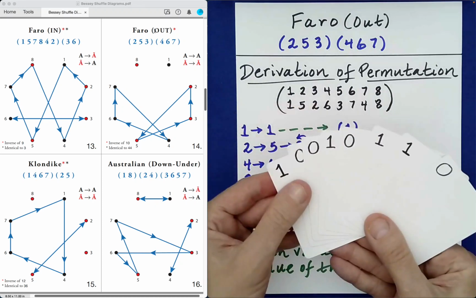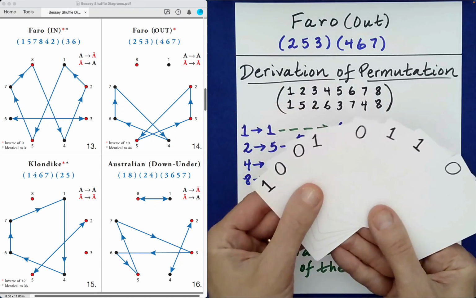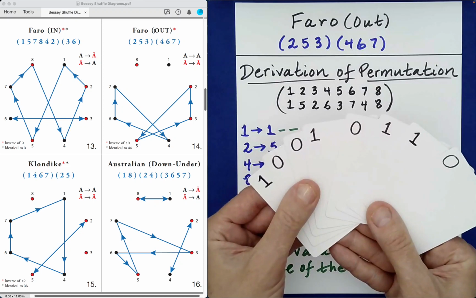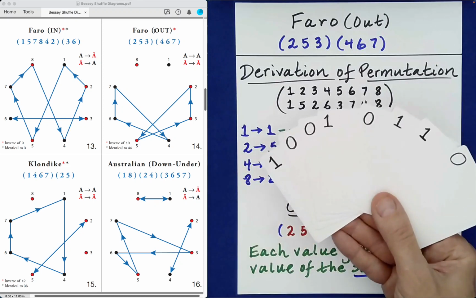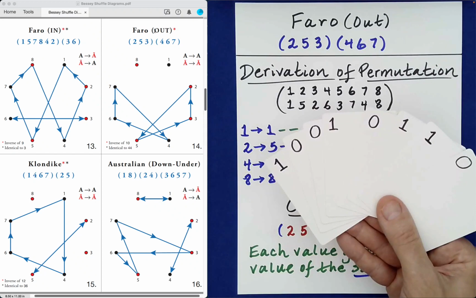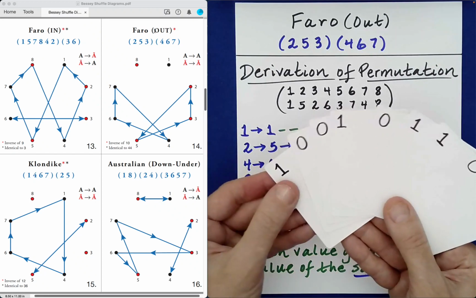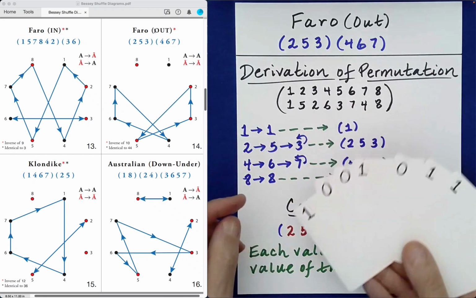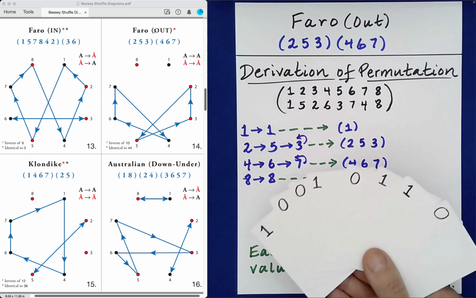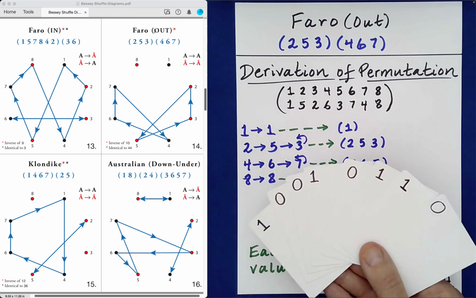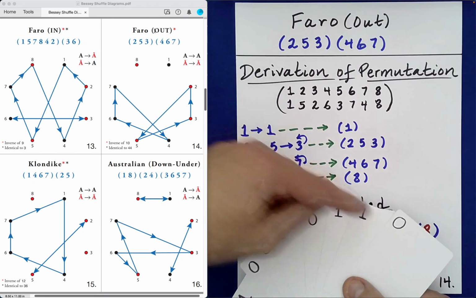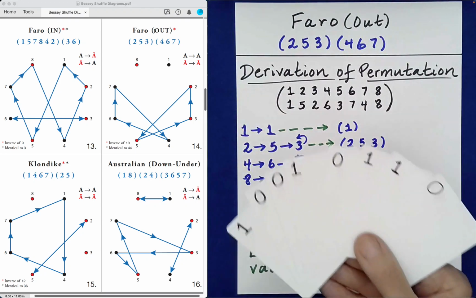So we'll still get 1, 0, 0, 1, 0, 1, 1, 0, despite the fact that the ones are moving around among themselves, with the exception of the first one, since that's a fixed point, and the zeros are moving around among themselves with the exception of the last zero, which is a fixed point as well.